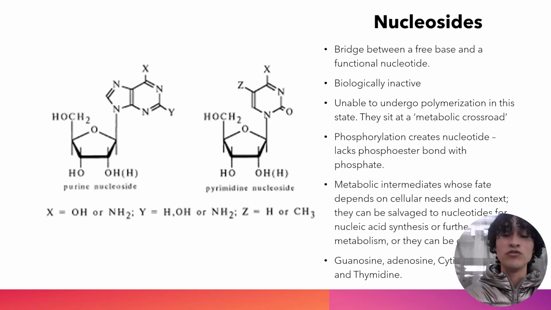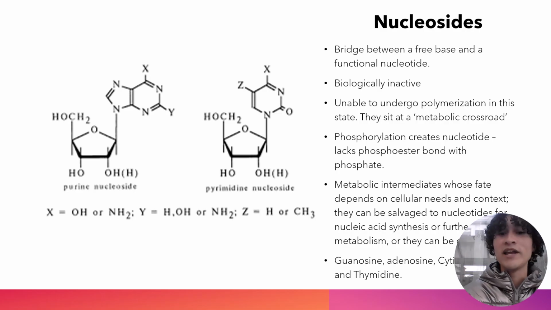A functional nucleotide consists of the nitrogenous base bonded to the pentose sugar via a glycosidic bond, and that pentose sugar links to the phosphate via a phosphoester bond. That mononucleotide can polymerize and form DNA, which is a polynucleotide. So for this reason, nucleosides, because they lack that phosphate group, are referred to as biologically inactive.